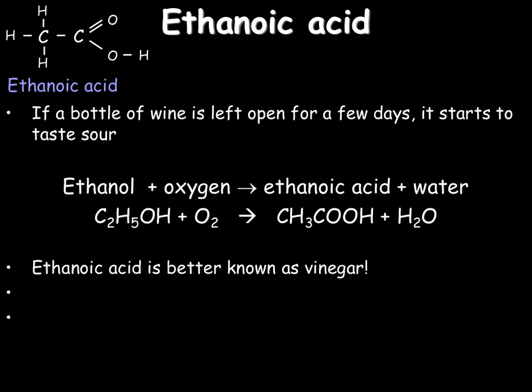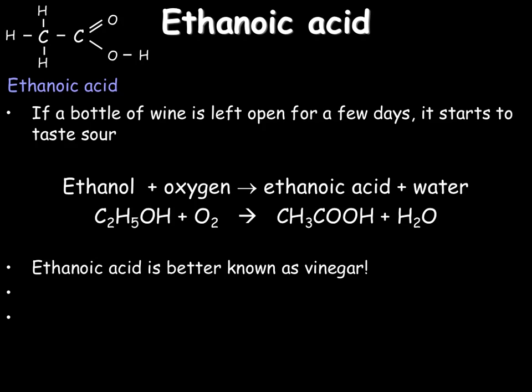Ethanoic acid can be formed from ethanol when ethanol is exposed to oxygen. This often occurs in the house when a bottle of wine is left open for a few days and it will start to taste sour. This is because the ethanol has been converted to ethanoic acid. The ethanol, C2H5OH, reacts with the oxygen in the air, O2, to form our ethanoic acid, CH3COOH, and water.